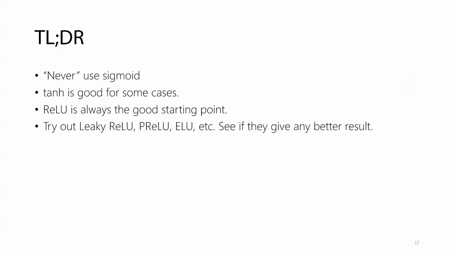All right, so, too long, didn't read. Almost never use sigmoid unless there's a really strong justifiable reason, because of the issues that I explained. Tanh is for some cases, like I said. ReLU is probably always a good starting point. So if you have no idea what to do, go with ReLU. It wouldn't hurt, and it works pretty well most of the time. So you'll be happy with ReLU 80% of the time.